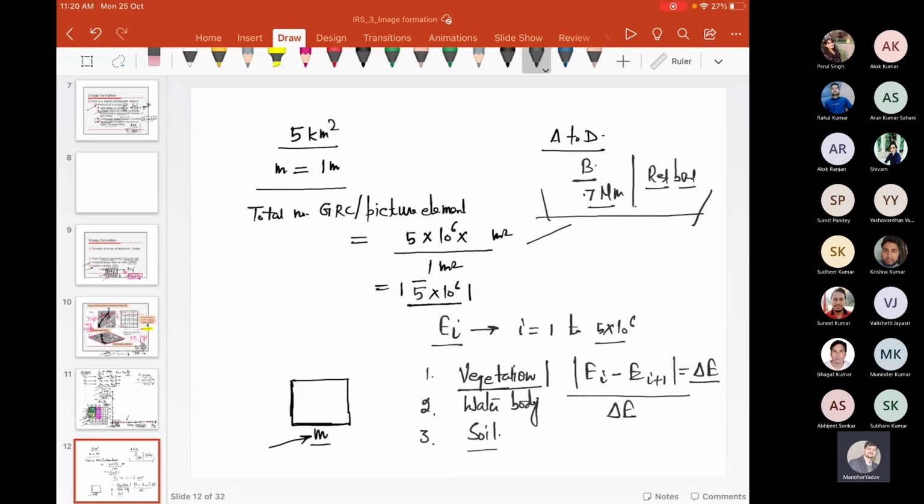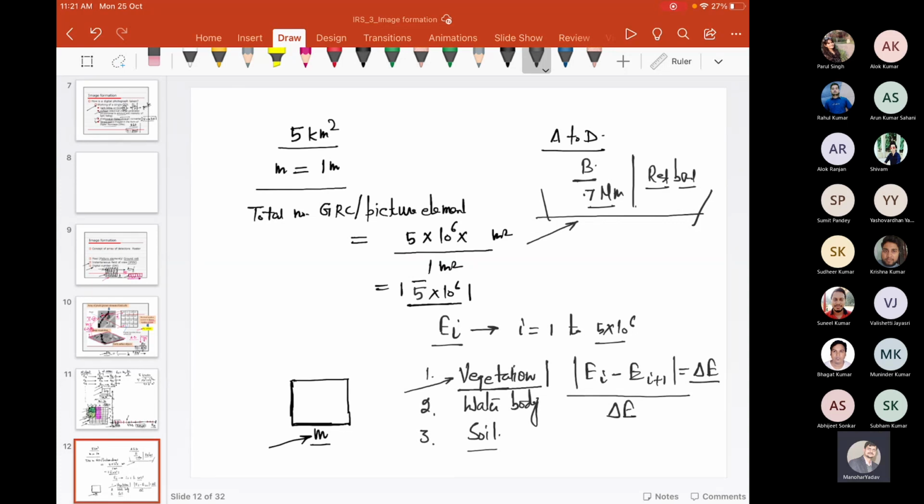So in the given band, when you see the spectral signature of vegetation, okay, there may be variation within the class, like a type of vegetation may be changed.